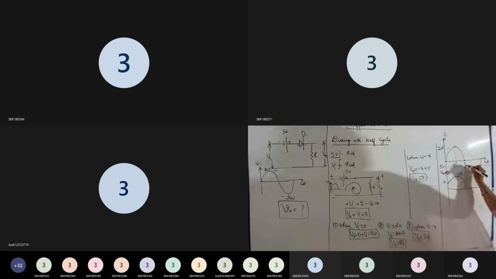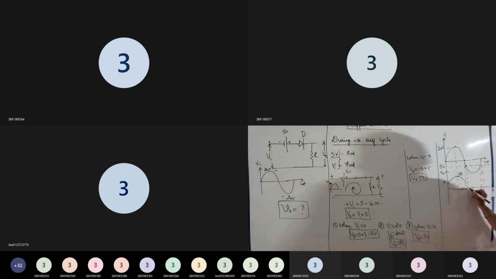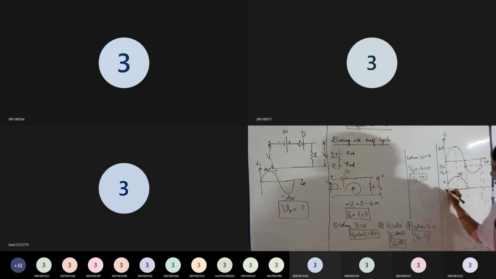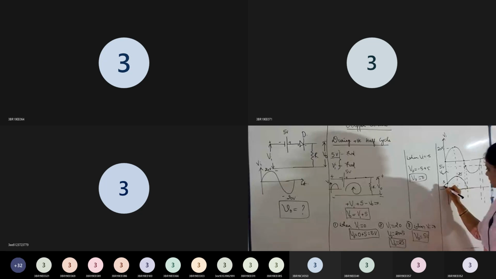Yes, this is minus 5. Drop down that point. So when Vi is minus 5, V naught will be 0. Similarly to the other side also.